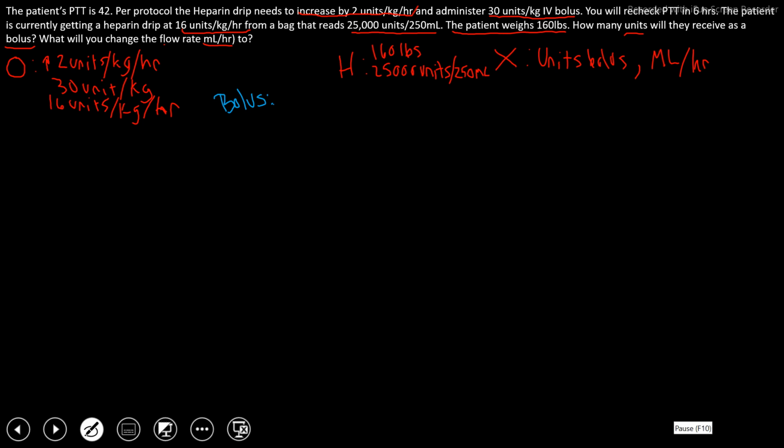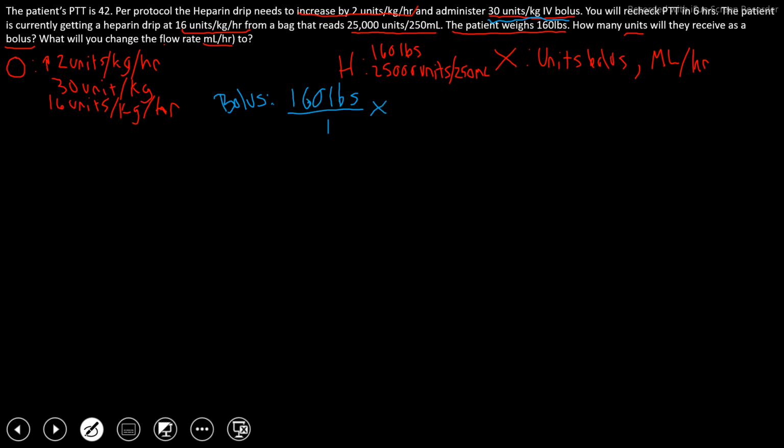So if you see up here, it's 30 units/kg IV bolus, so that's 30 units of our heparin per kg of the patient. So we have the patient's weight in pounds, so we just need to convert pounds into kg. So he is 160 pounds. We're going to have our placeholder there.